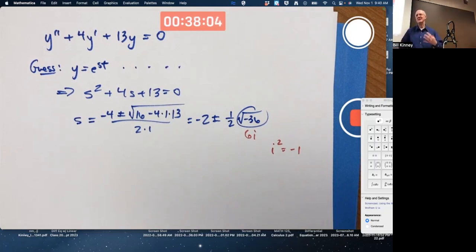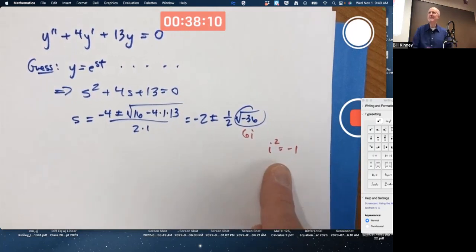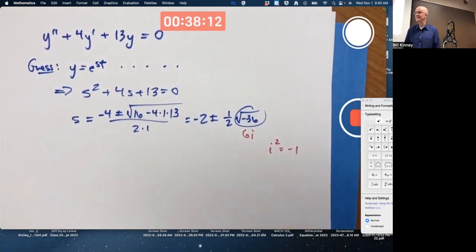Now it's an affectionate term, a term of endearment, to call them imaginary numbers. They exist because we define them to exist. The only real question is whether they're useful or not. And yes, they are useful. Complex numbers make many things simpler. That's the big reason they're useful, is they make things simpler, paradoxically.